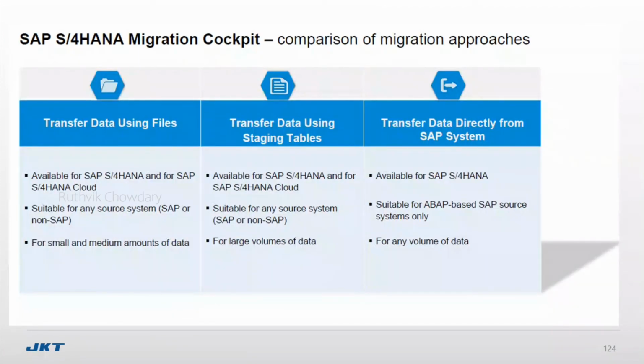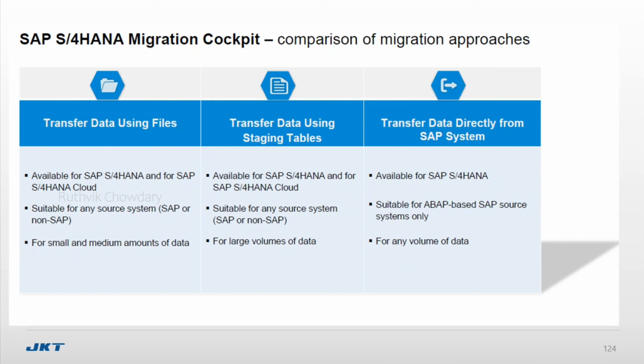So if we compare the difference between all the three models, there are three migration approaches: one is by using the file approach, by using staging tables, and by using direct transfer. The staging tables and Excel file option is suitable for both SAP on-premise version and cloud version. But the direct transfer option is only suitable for on-premise.